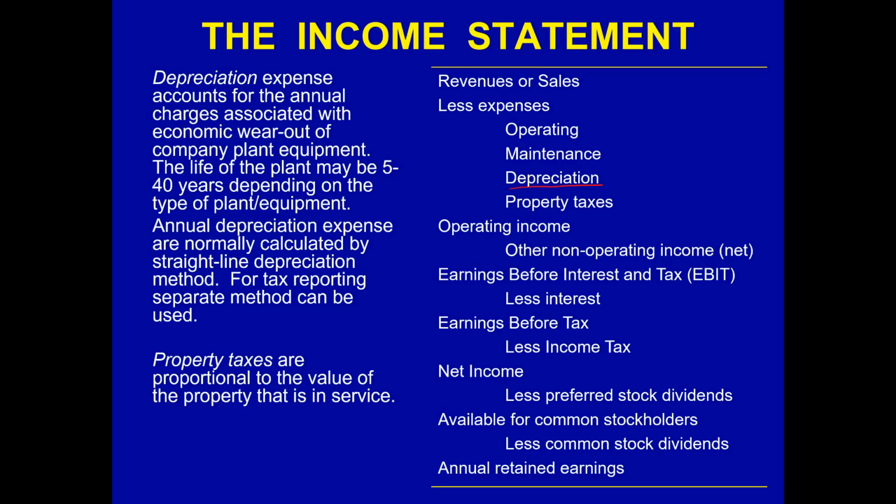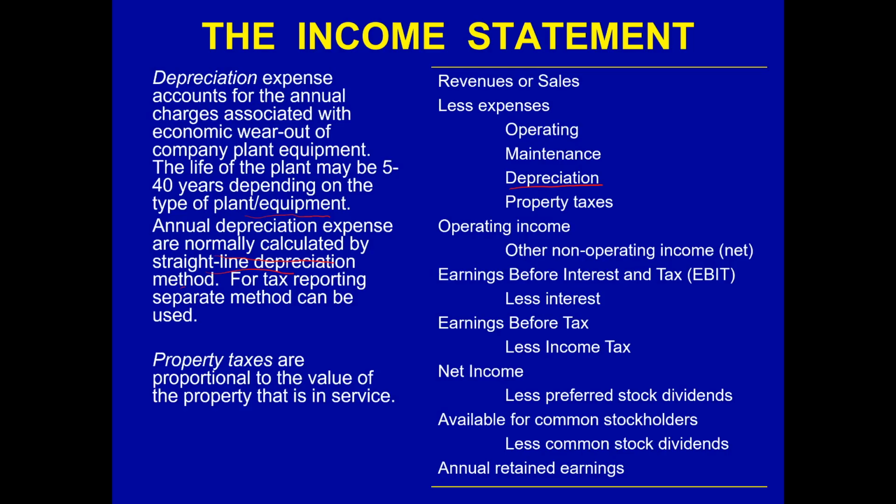The life of the plant may be 5 to 40 years depending on the type of plant and equipment. Annual depreciation expense is normally calculated by the straight line depreciation method, or for tax reporting a separate method can be used. We have also learned the different depreciation methods in the cost accounting lecture.